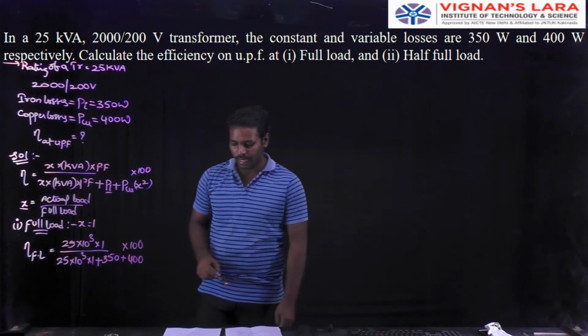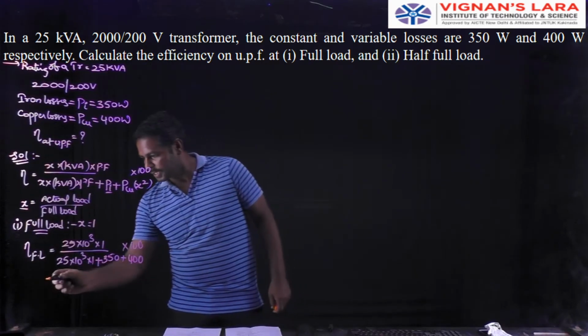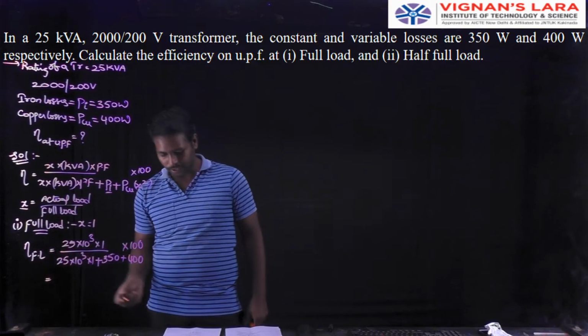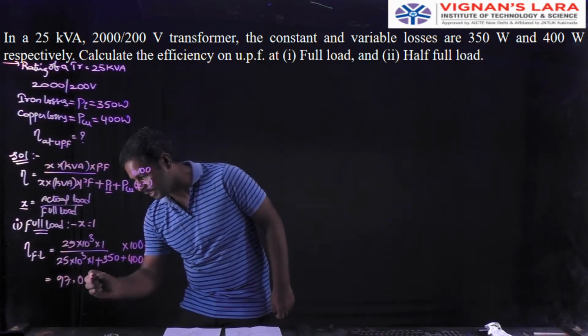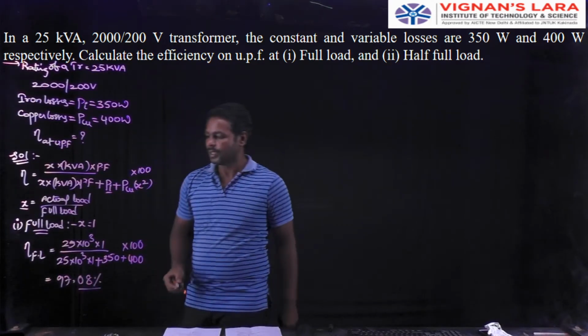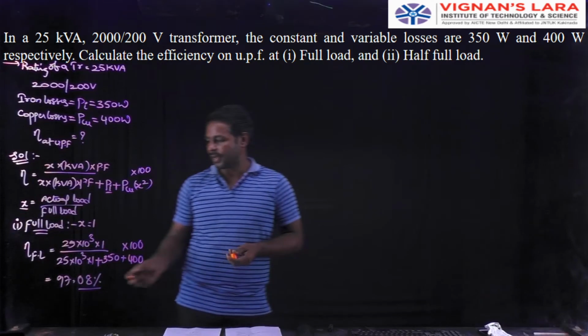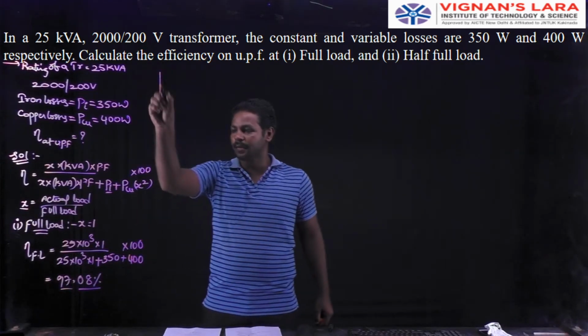By simplifying, the efficiency at full load is 97.08%. So whenever the transformer operates on full load, the efficiency is about 97%.